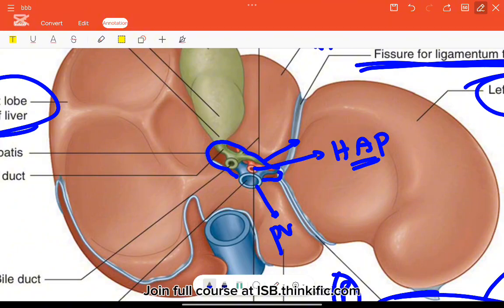It contains the right and left hepatic ducts and the common hepatic duct after it joins, and it is generally anterior and to the right. In addition, it also contains porta hepatis lymph nodes, other lymphatic vessels, and some autonomic nerves passing inside of the liver.